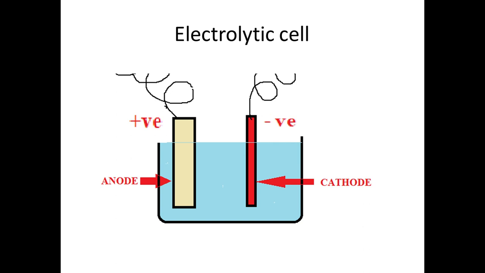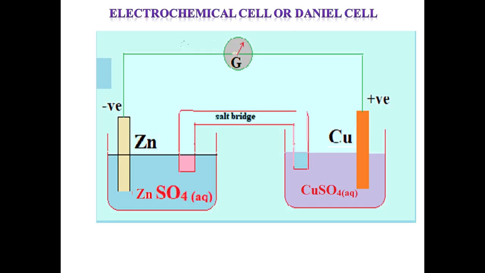So we discussed the basic differences between electrochemical and electrolytic cells. I repeat once again. An electrolytic cell converts electrical energy into chemical energy, while an electrochemical cell converts chemical energy into electrical energy.